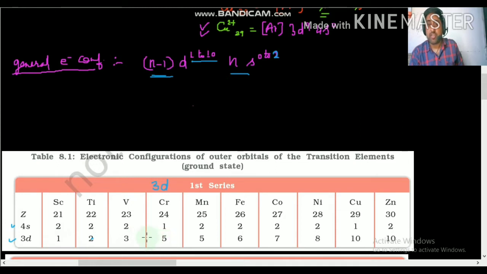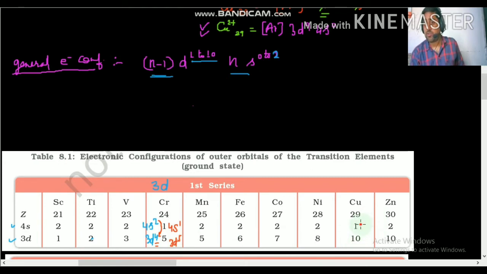Now here actually it should be 3d4 and 4s2, but due to the very small energy gap between 4s and 3d, one electron gets shifted here, because then the d will be exactly half filled. Then the actual electron configuration becomes 4s1 and 3d5.